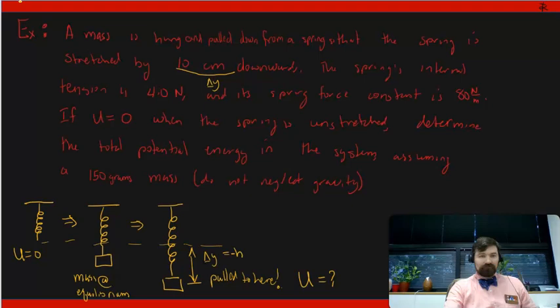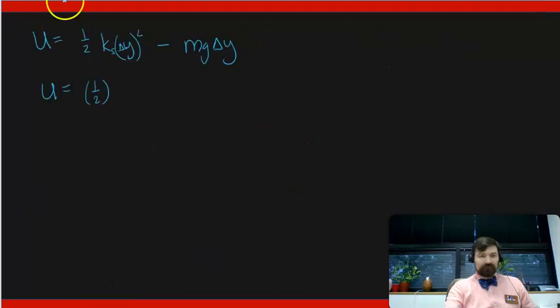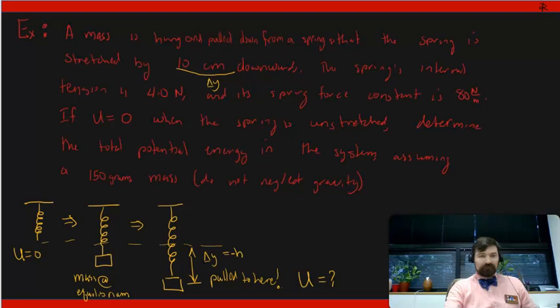Oh, sorry, I'm given an internal tension of 4 newtons, so I also need a plus internal force times delta y term here. This is my internal tension. This right here is K. U was 0 initially. This right here is mass, but we need to convert it over to kilograms, so that's 0.15 kilograms. This right here should be in meters, so it's 0.1 meters.